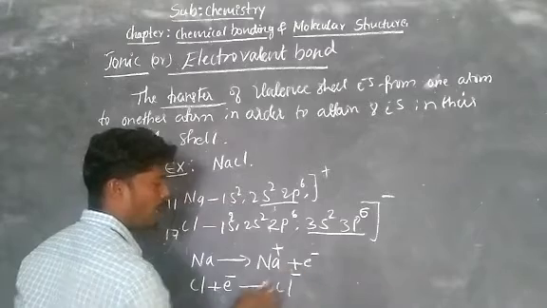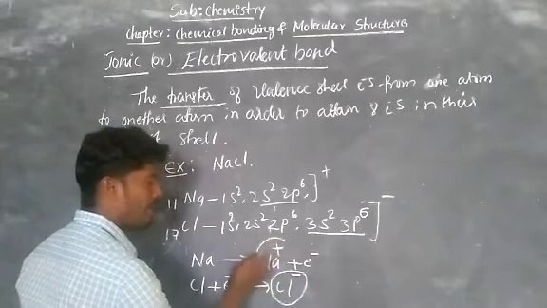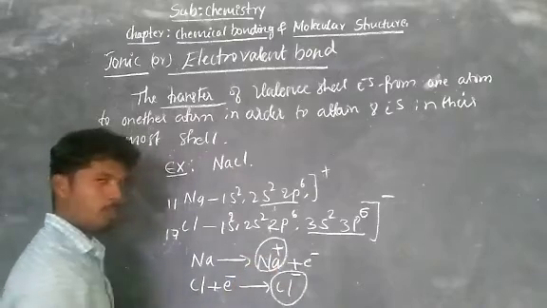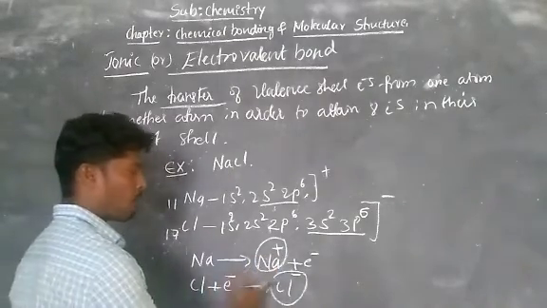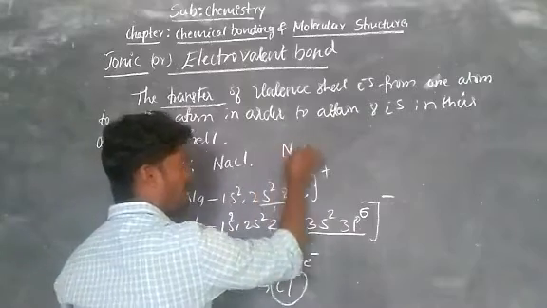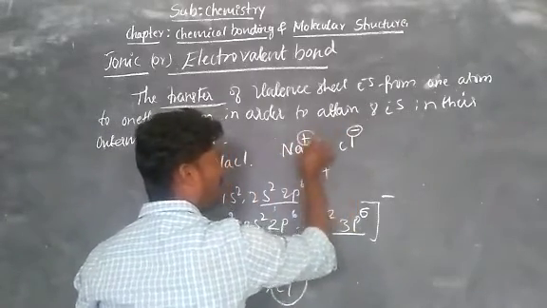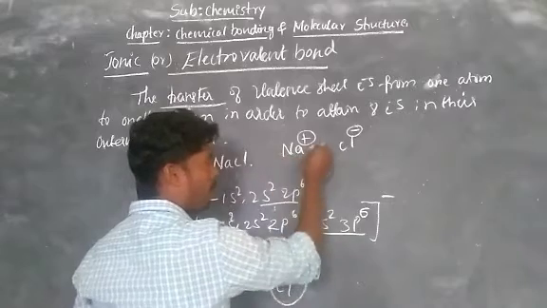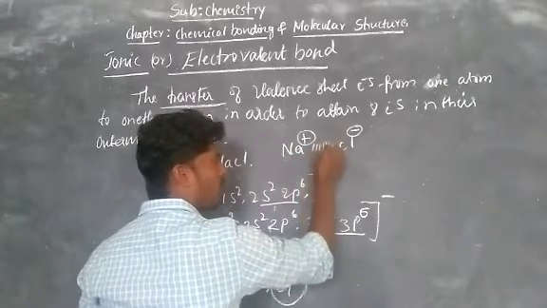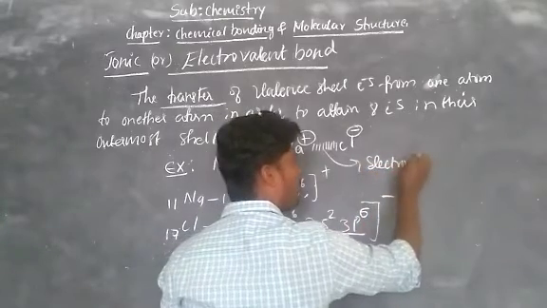Now the chloride ion and the sodium ion are oppositely charged, cation and anion. Between these two there is an electrostatic force of attraction.